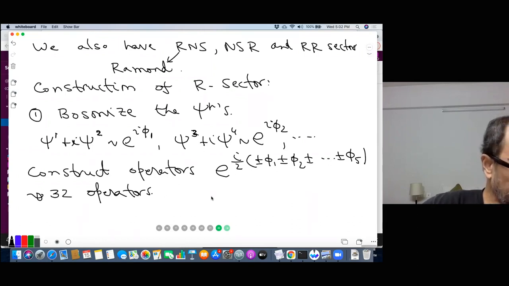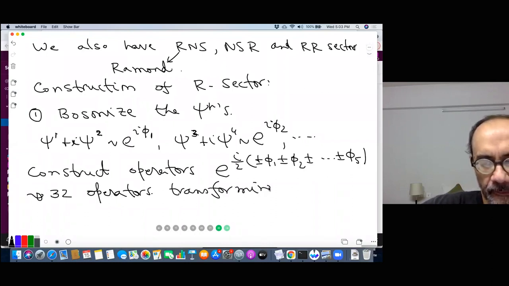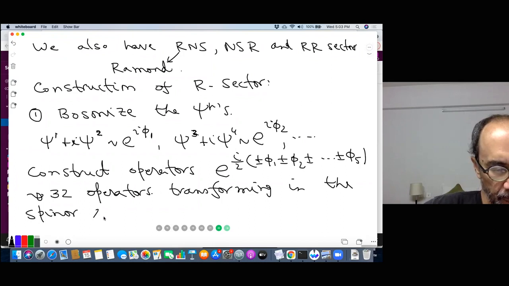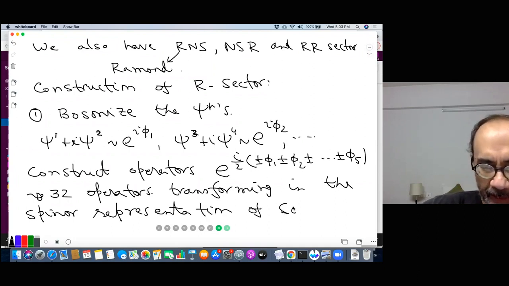One can show that they transform in the spinor representation of SO(10) if we are doing the Euclidean theory. Once you go to the Lorentzian theory, it becomes SO(9,1).